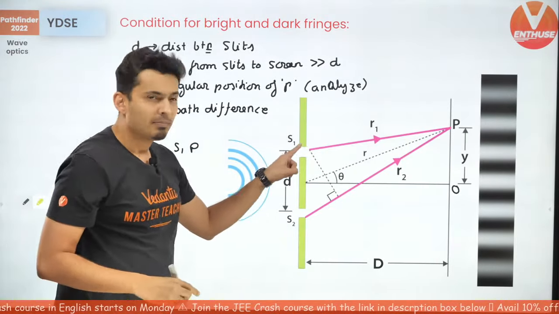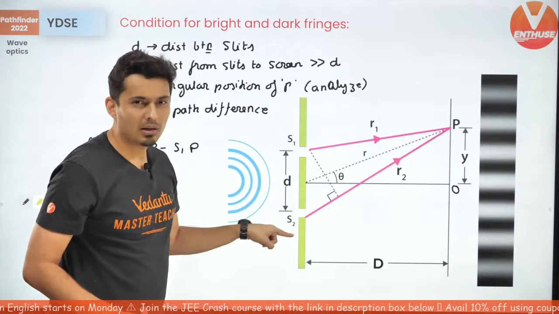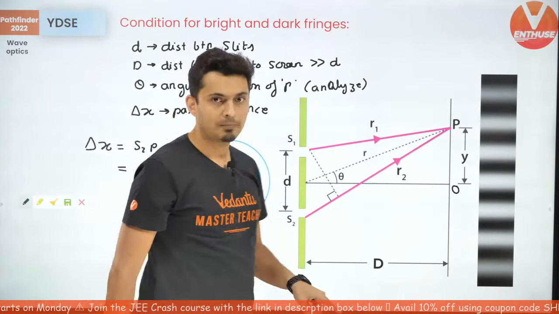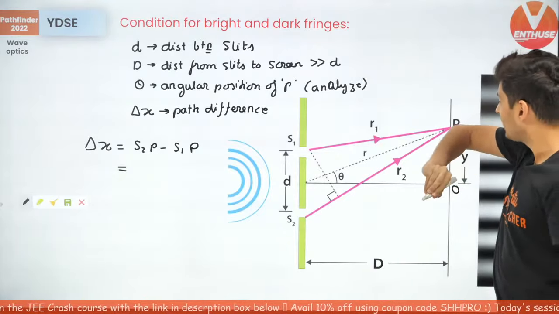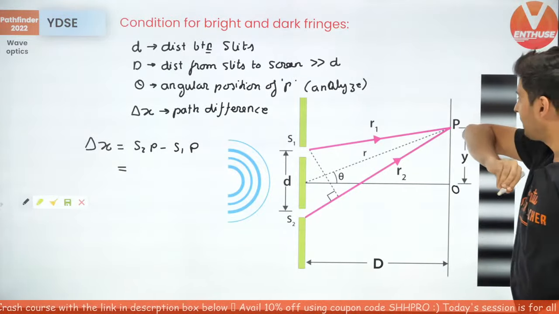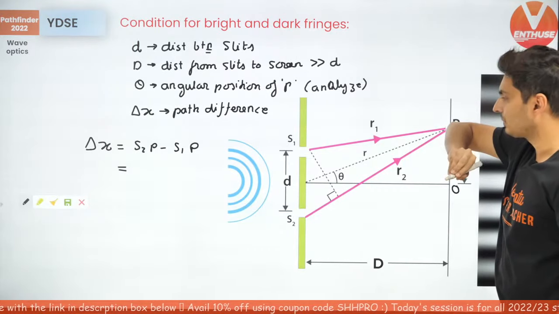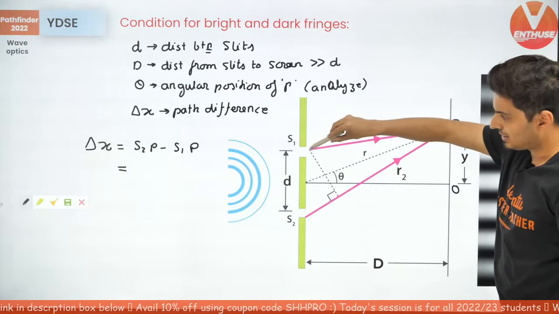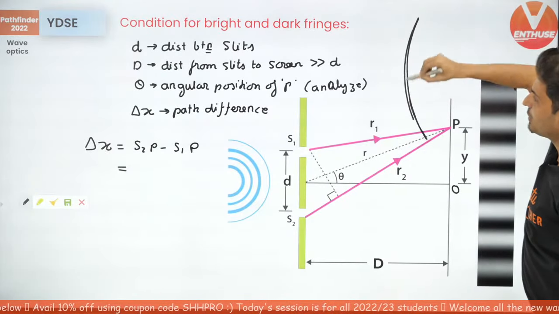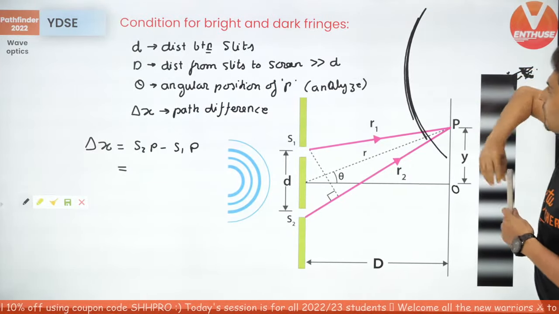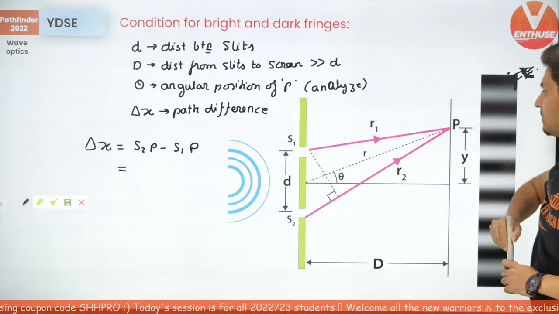Now, because this distance is small, I can make a suitable assumption. Pivot your compass at point P. Everybody knows how to draw an arc using a compass, right? You have drawn it using your geometry box.